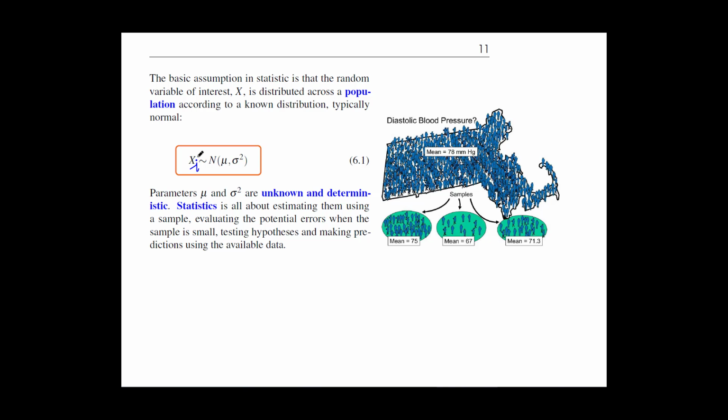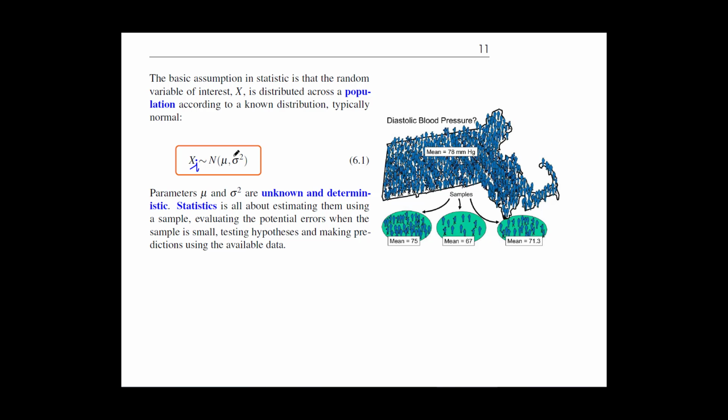Okay, so what we're saying in that assumption is that everybody comes from the same population. So mu is going to be the mean blood pressure, and sigma squared is going to be the variance of that. And it's the same for everyone. The difference is that every sample point, every xi, is a different realization of this random variable. All right, so these parameters are unknown and deterministic.